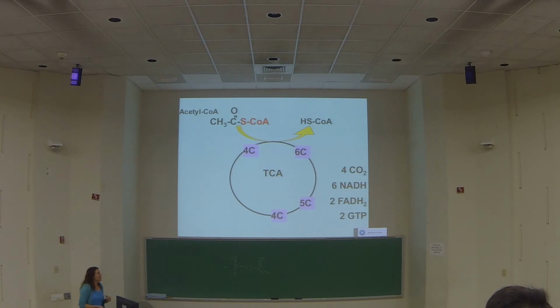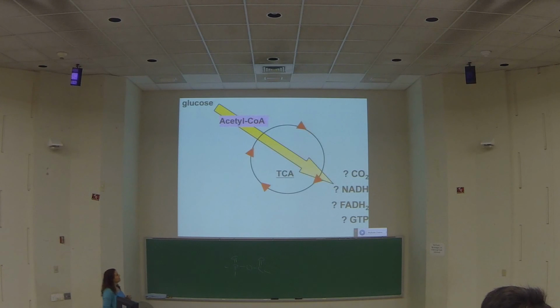What about if we started all the way at glucose? All the way back to the beginning. What have we produced up until this point? We just have to add on 2 ATP and then 2 NADH.